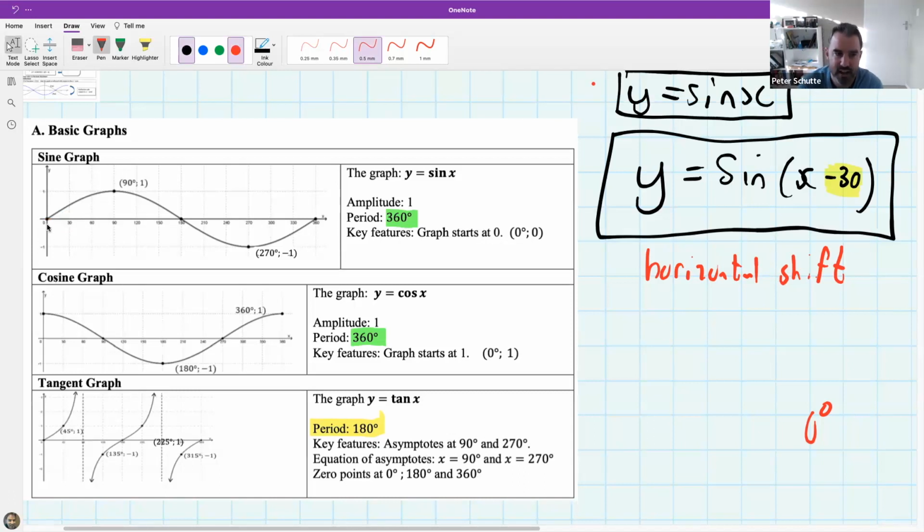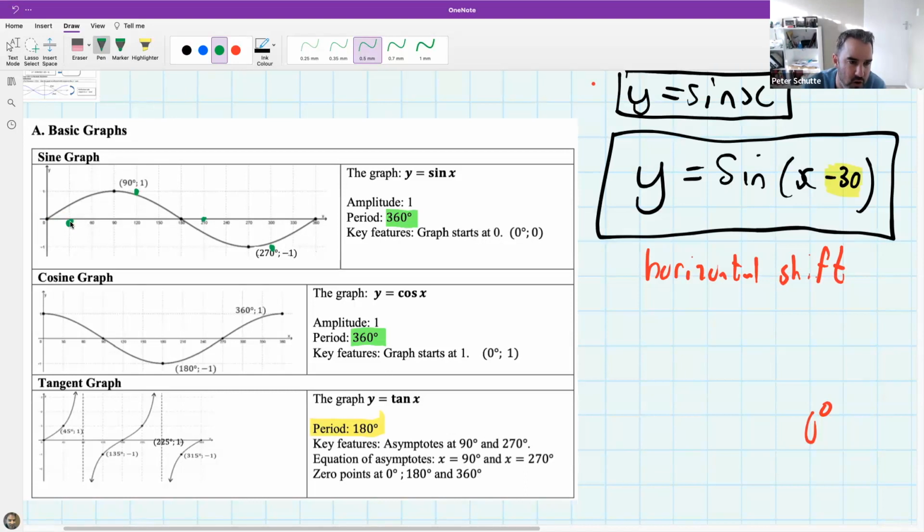So what would this graph look like? Basically, this point would move to here, and everything else would just change. So now that would be up there. That would be down there. That would be over there. And so let's just see what this looks like.